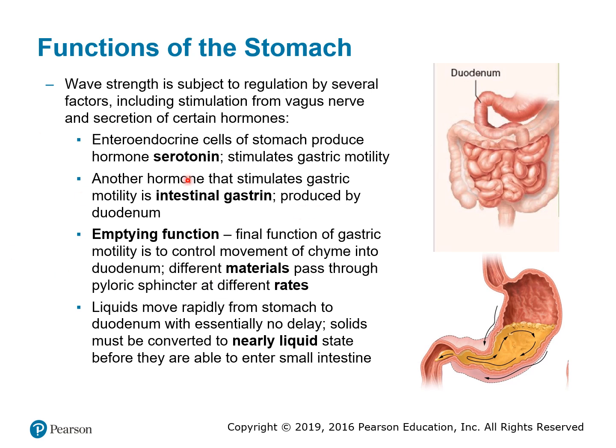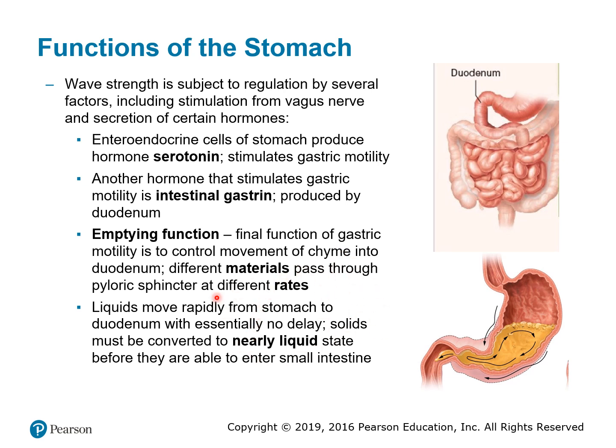Now, the emptying of the stomach, like I said, is the final phase of gastric motility. The chyme, which is a liquid portion, little by little is going to be emptied out through the duodenum and then go through the small intestine. But it's going to do it at different rates depending on how fast it gets mixed in there. The liquids move very rapidly from the stomach to the duodenum, essentially with no delay.